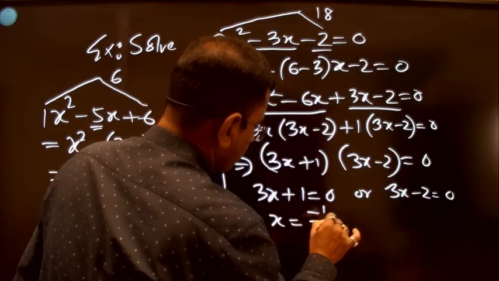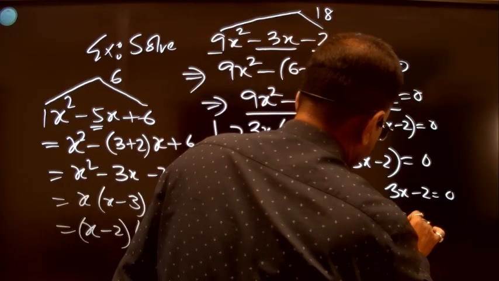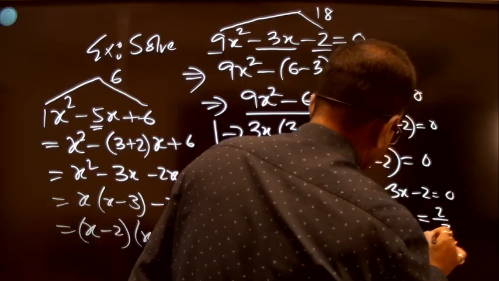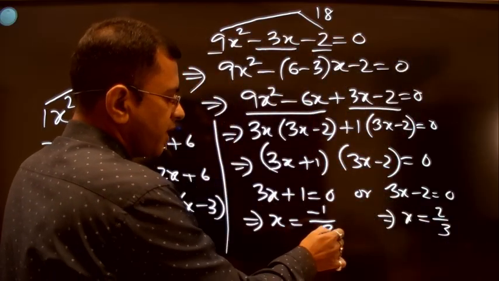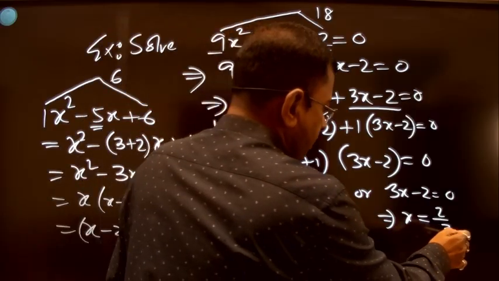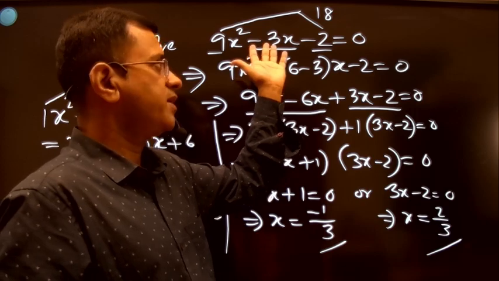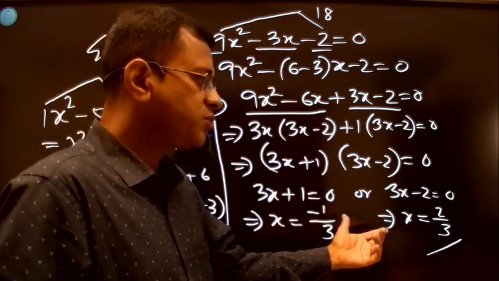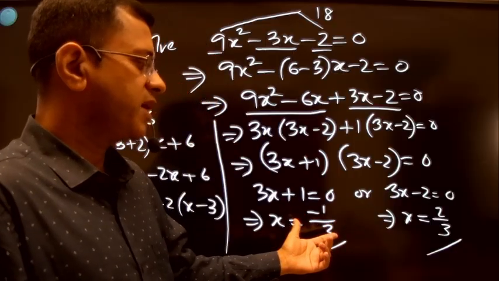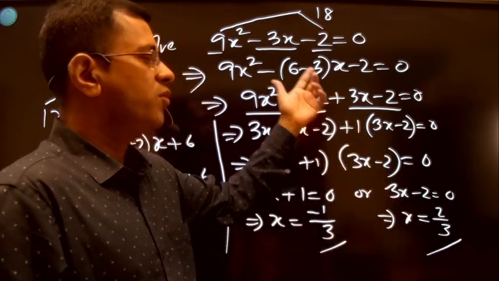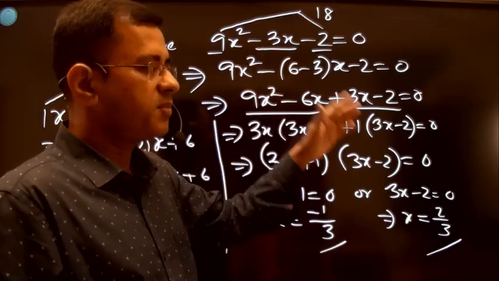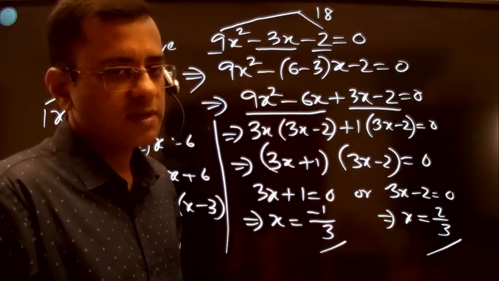This is minus 1 by 3, or x equals 2 by 3. So x equals minus 1 by 3 and x equals 2 by 3 are the solutions of this quadratic equation. Means these two values will satisfy this quadratic equation.